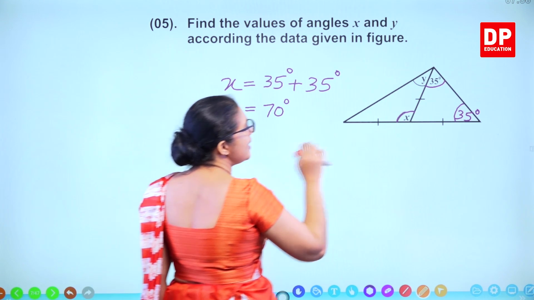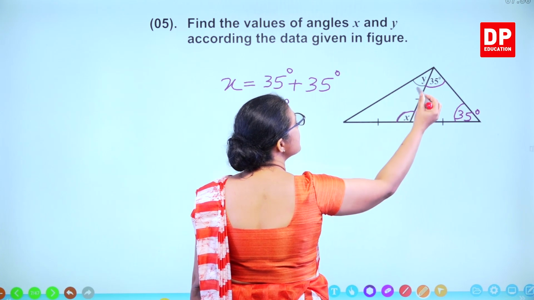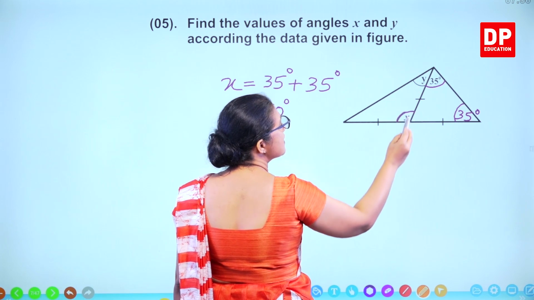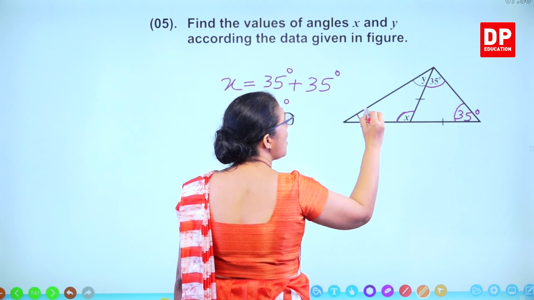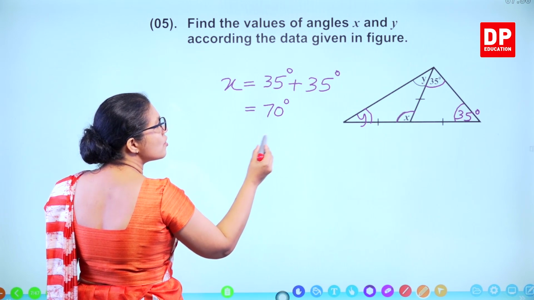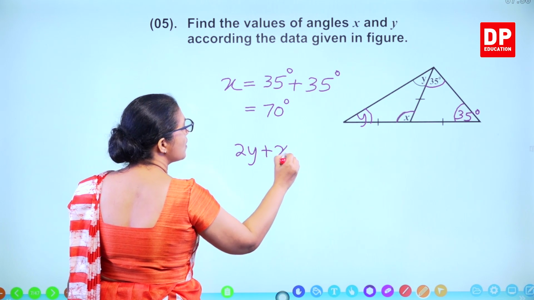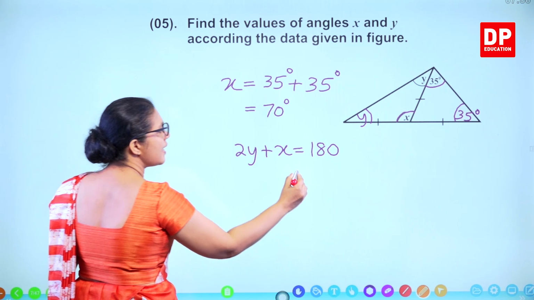What's y then? If this is 70, you can say this is also an isosceles triangle. So if this is y, this is y. Then you can write 2y plus x is equal to 180. So you subtract the x value.